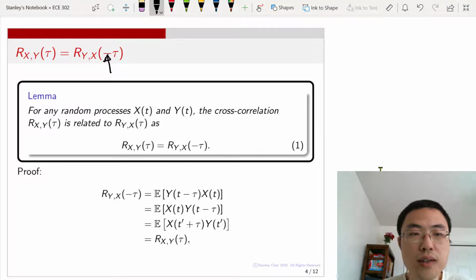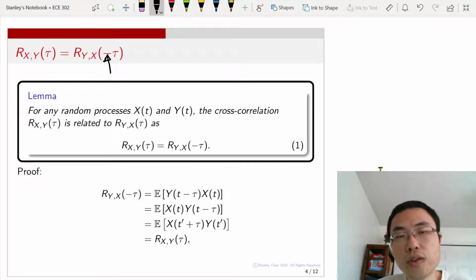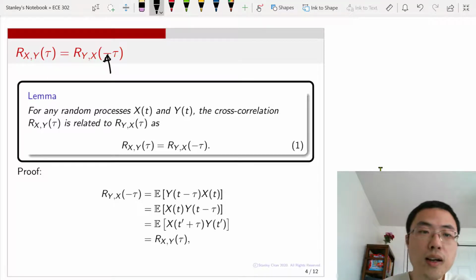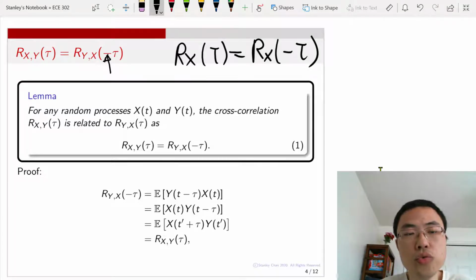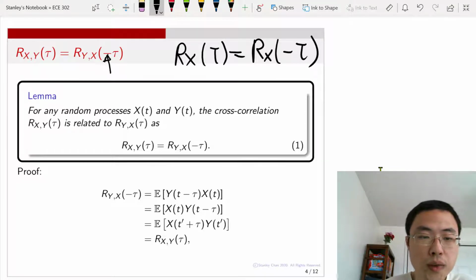Now remember there's a minus here. This function is not symmetric, unlike R_x, where R_x(tau) is equal to R_x(minus tau). That is a symmetric function. But for R_xy(tau), as you flip the order of x and y, you need to remember putting a minus sign. The reason is the following.